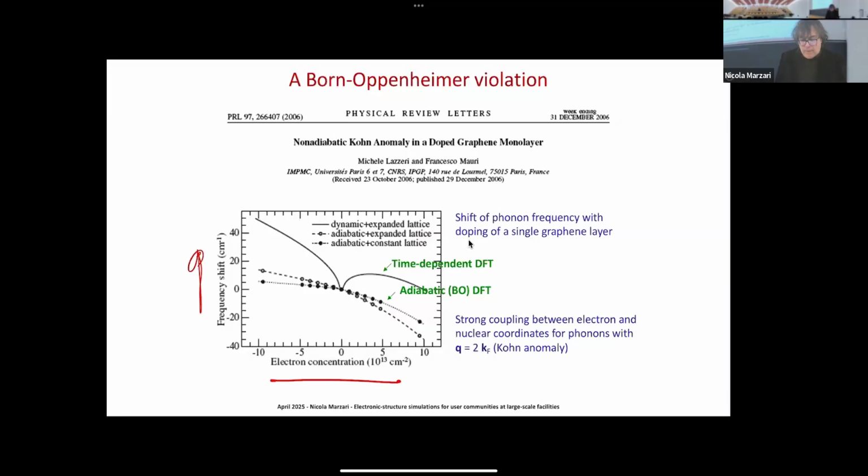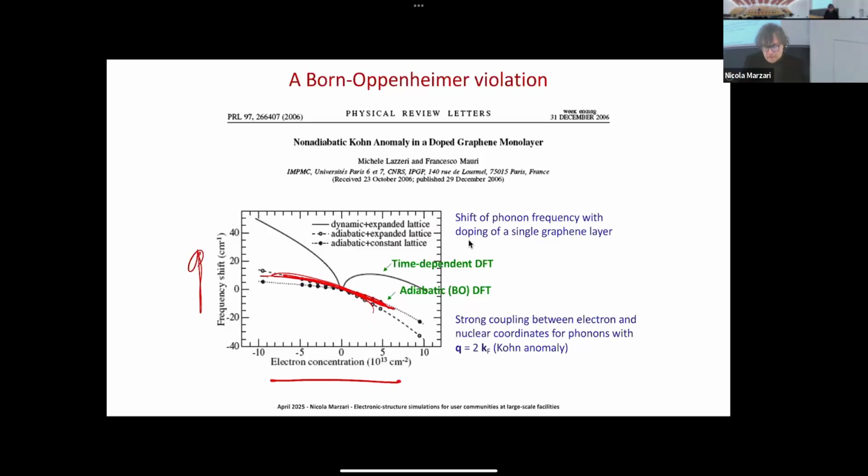But as we start doping, if we consider the electrons at equilibrium, this would be the change in frequency of that optical mode as a function of doping. But in reality, the electrons in graphene at the Fermi energy are very sluggish. You remember the crossing of the graphene band structure. It's a bit like filling a martini glass, and you shake these band structures during the vibration, and the electrons follow very slowly.